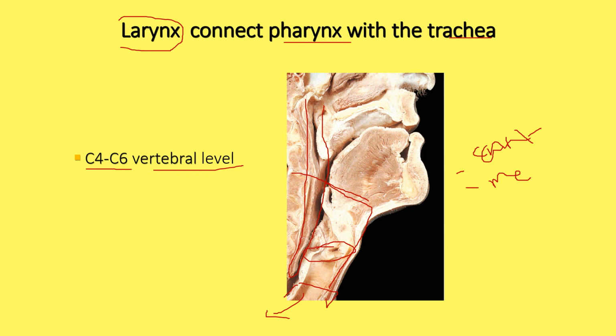Of course, it is for speaking, for phonation, and it controls the air coming in and out of the trachea. So we have the vocal cord present in the larynx. This cavity we call the laryngeal cavity, which has the vocal cord inside the larynx.